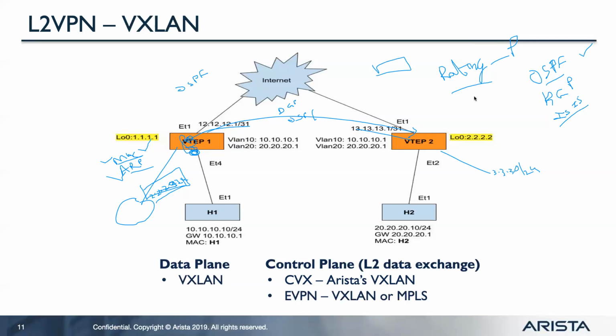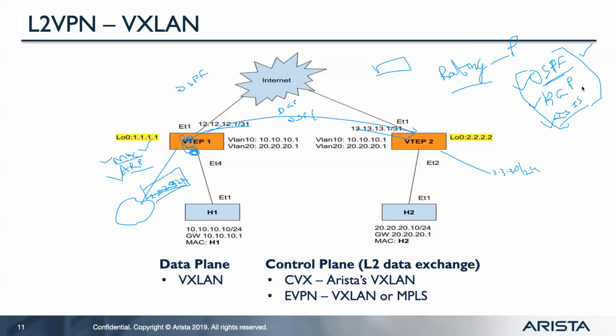Now, if we are already using these different protocols for IP prefixes, and if a particular protocol supports advertisement of information other than IPv4 prefixes, or if it is extended, then we can also use any of these. Okay, got it.